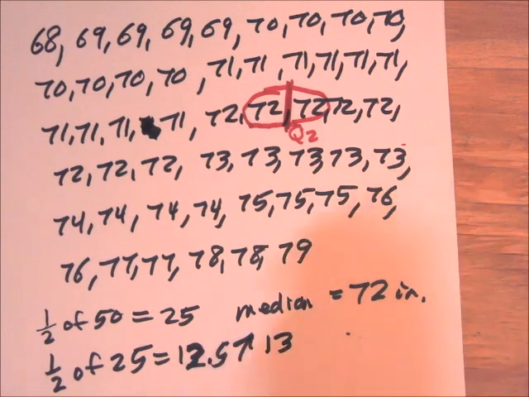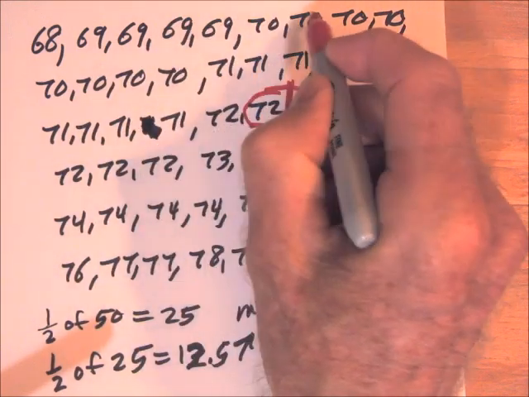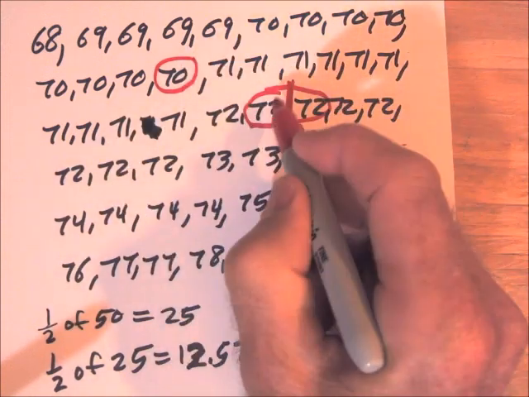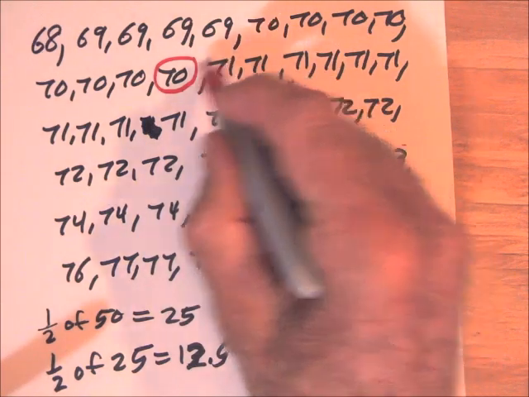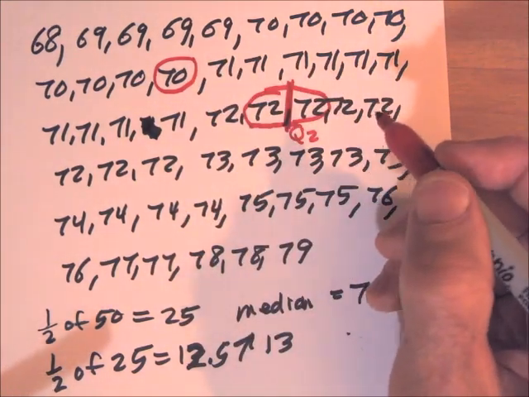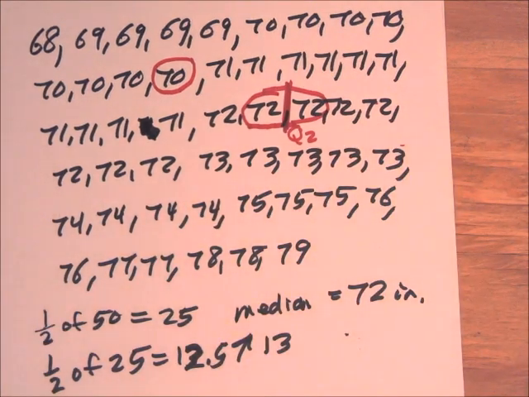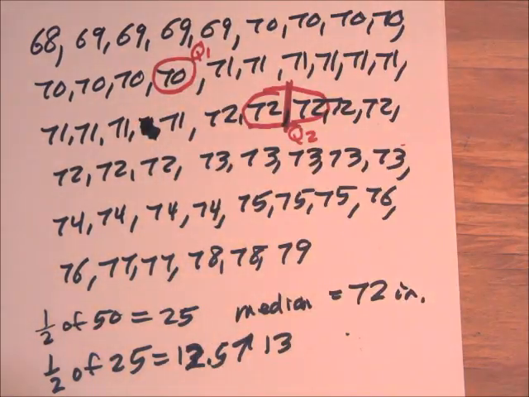So we want the 13th from smallest to largest: 1, 2, 3, up to 13. So it'd be the 70 here. If we count from the largest, it's also the 13th, so that'll be 70 inches. So that's Q1, and that's 70 inches.